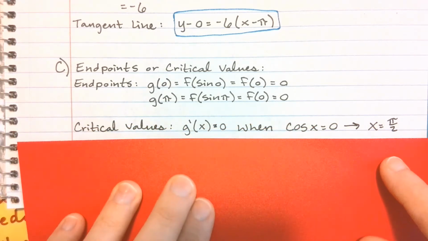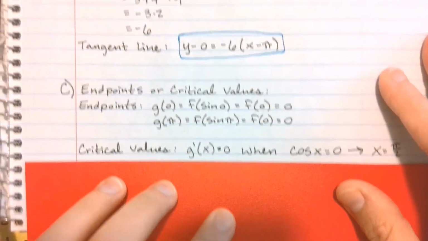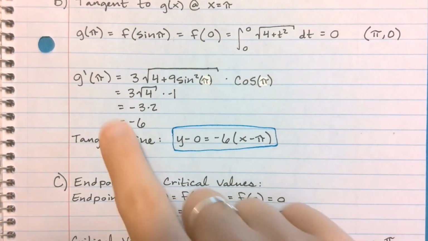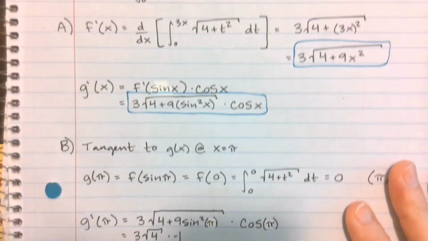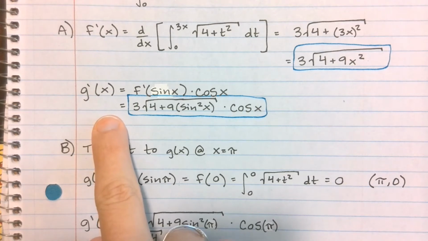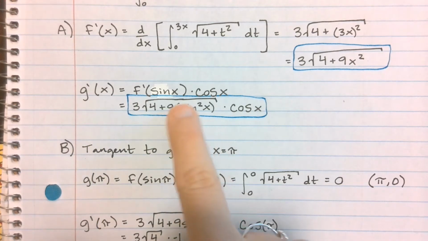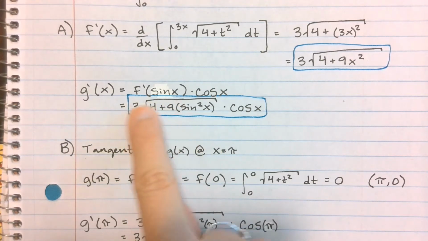So looking at critical values, I'm looking at where g prime of x equals 0. And this is a little tricky, but if we're trying to see where g prime of x, oh, I need to go a little further, don't I? If I'm trying to figure out where g prime of x is going to equal 0, even if sine squared x equals 0, that's still not going to take care of all of this.